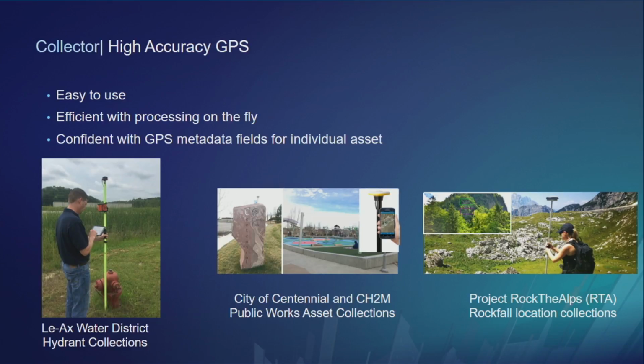He used it to collect hydrants with the EOS receiver, and you just give the field workers some checklists to work on. It's quite easy for small governments like that to just use it for data collection. So it's easy to use.